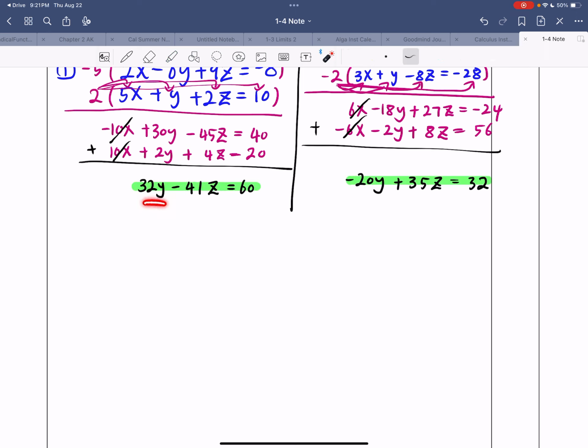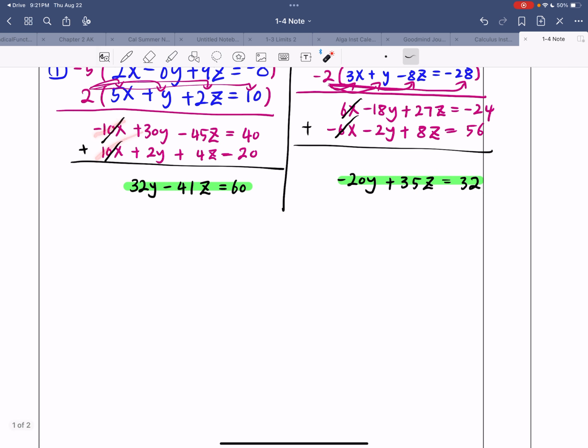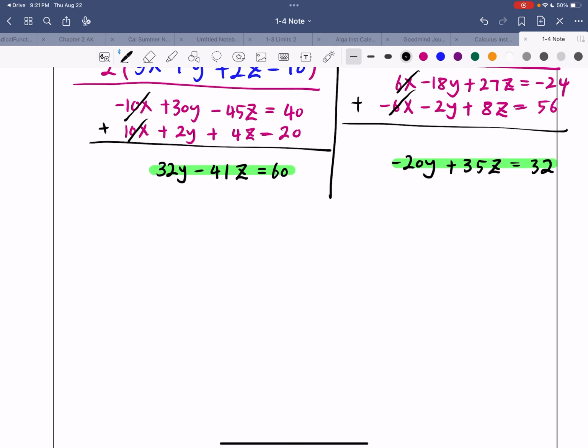Now, do you see we have two variables left over because we crossed out x? So what we're going to do is use these two equations to eliminate more variables. So let's write it here.